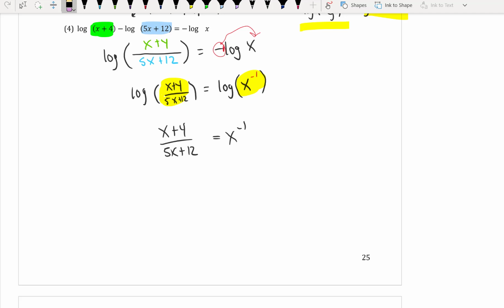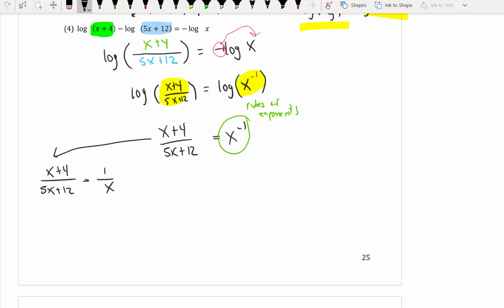So what I would do from here is make sure that I use my rules of exponents, knowing that x to the negative 1 is really 1 over x. So I'm going to go ahead and do that over here. So I have x plus 4 over 5x plus 12 is equal to 1 over x. Now, on the next step, I'm going to cross multiply.